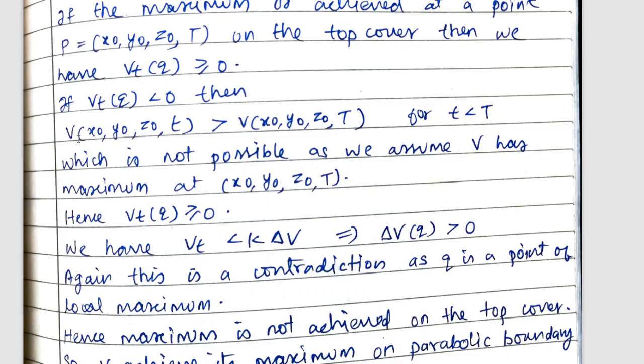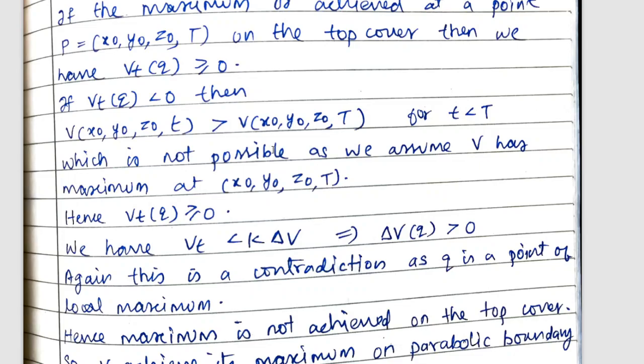So it means that V at (x0, y0, z0, t) is greater than V at (x0, y0, z0, T) for t less than capital T. So if you take a small t which is less than T, and this first derivative is negative, it means that this quantity is greater than this, because the slope is decreasing.